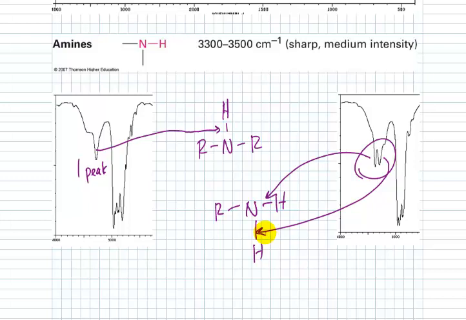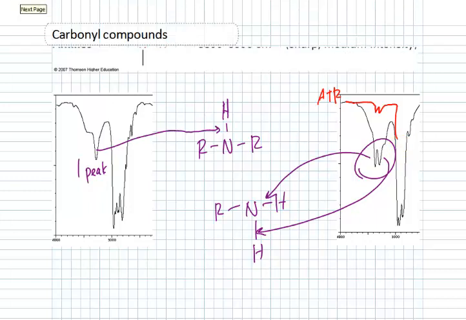But if you ever see something that's broadened but has little bits to it, that's probably an NH. And again, with ATR, like the instrument that we have, these are going to be significantly less above 3000, so be careful with that.